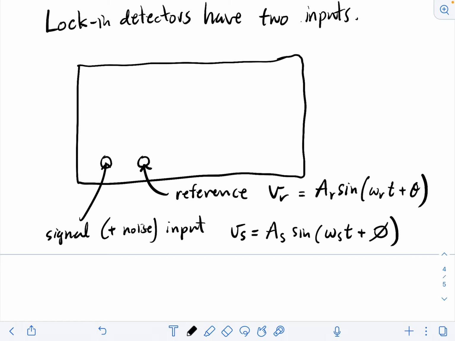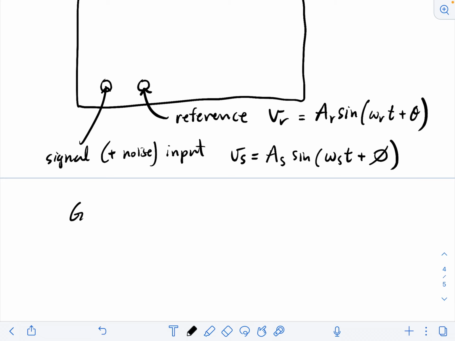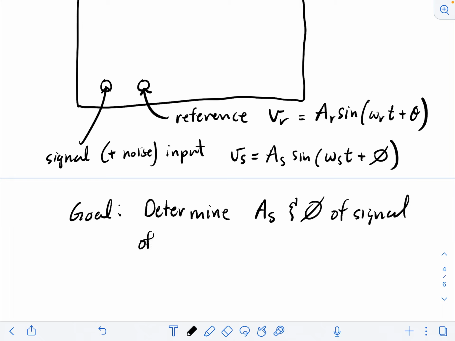So the goal is the following: determine the amplitude and phase of the signal of interest when the reference input is known.